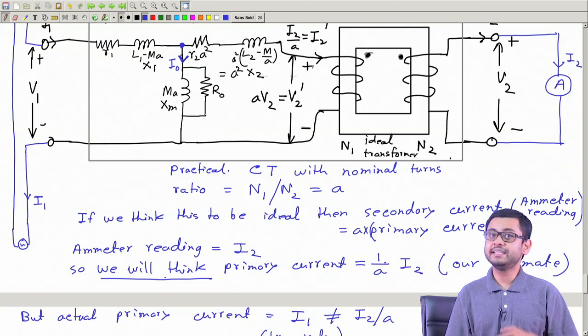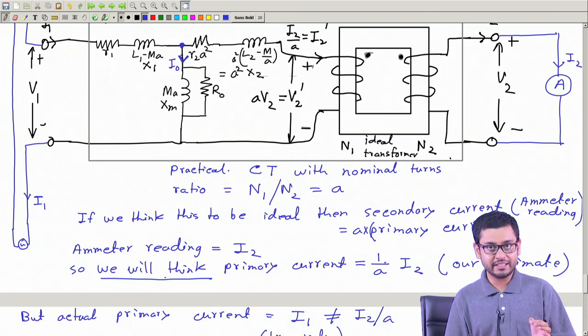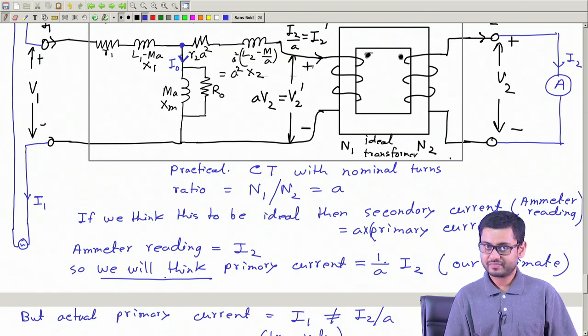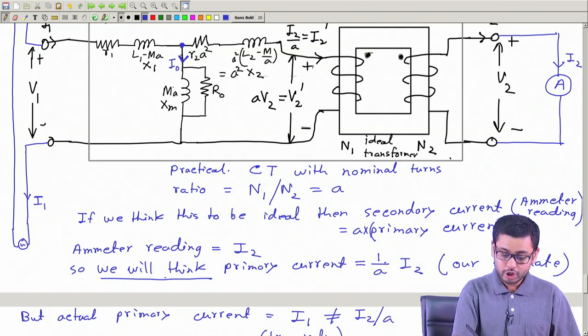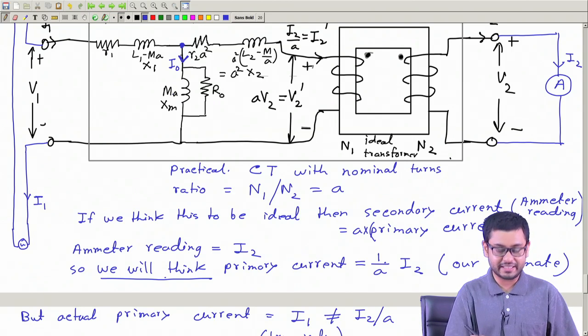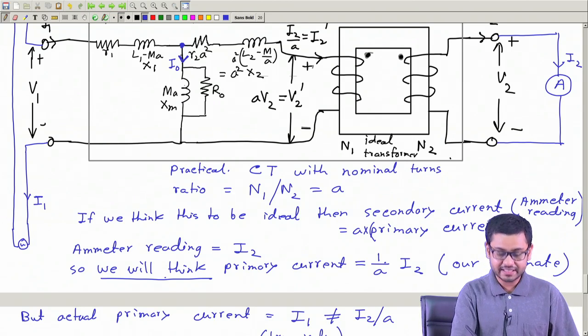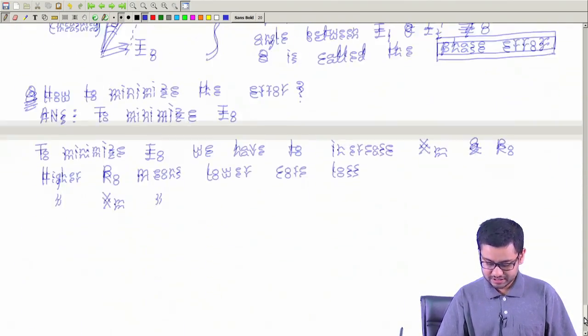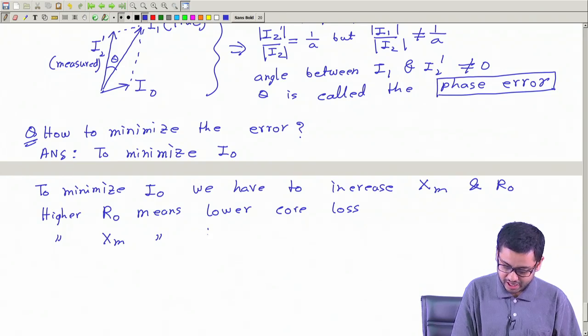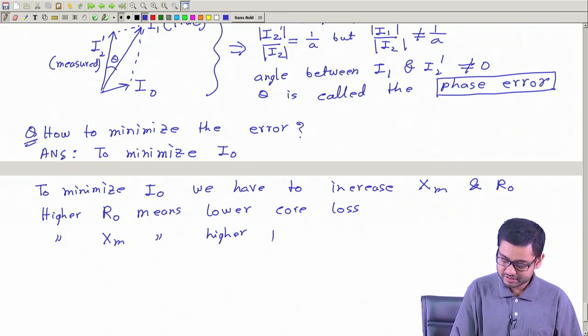If the permeability is higher, then we will have more flux. More flux means with less current we can get more voltage. So that means less current, more voltage, so impedance is higher. So we have to get higher permeability material. Then we can get higher impedance, higher inductance. So we need higher permeability.